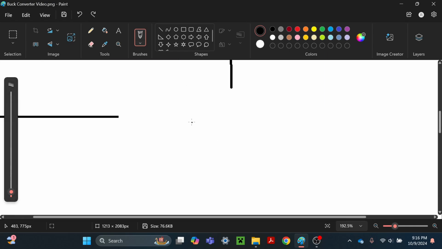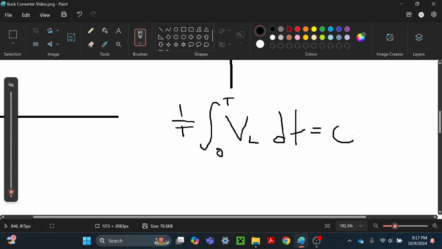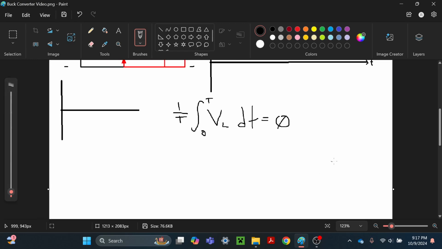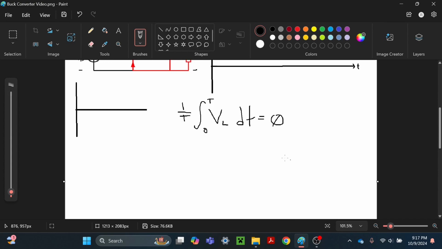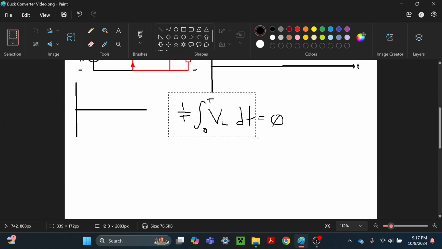So if the average value across one period is going to be 0, so for one period, let me zoom in more. So for one period, the voltage across the inductor with respect to time is going to be equal to 0, right?